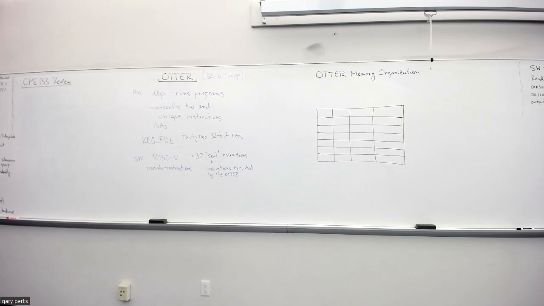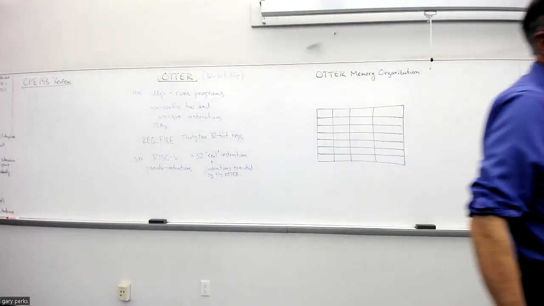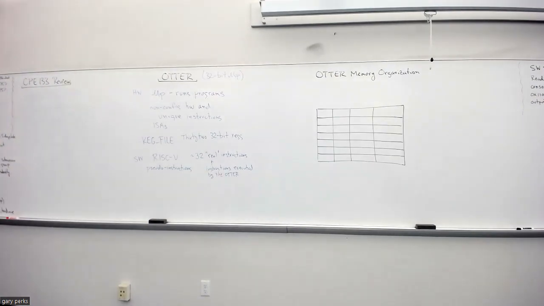So when you do your software assignments, especially this first one, don't use the alternate names. Just use X5, X6. You can use X5 through X31. Any of those registers you can use for your first few assignments. As we go through the course, we'll talk more about those specialty registers.